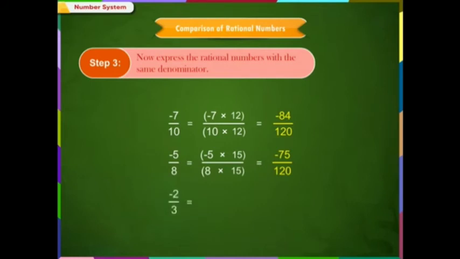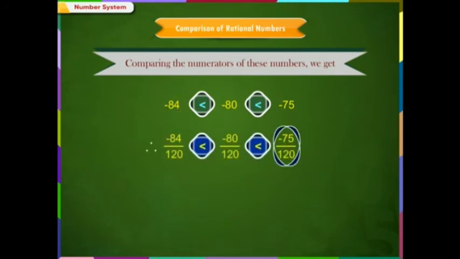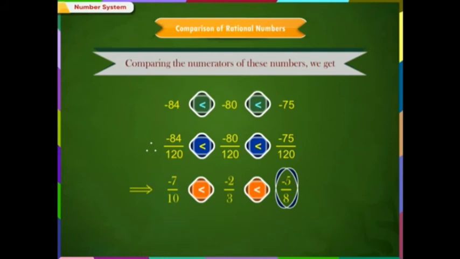Minus 2 by 3 is equal to minus 2 into 40 by 3 into 40, which is minus 80 by 120. Comparing the numerators, we get minus 75 is greater than minus 80 is greater than minus 84. Therefore, minus 75 by 120 is greater than minus 80 by 120 is greater than minus 84 by 120, which implies 5 by minus 8 is greater than 2 by minus 3 is greater than minus 7 by 10.